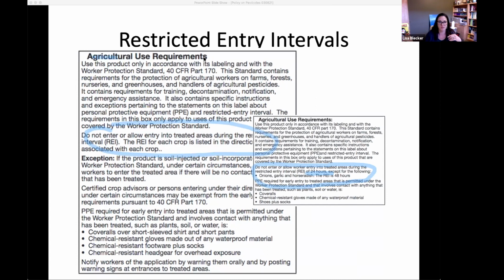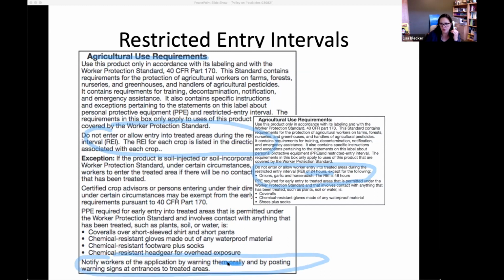So the first stop is ag use requirements to figure out if the REI is there or if you need to go somewhere else. And then the ag use requirements box is going to tell you if posting is required by the label. Posting is a sign that says do not enter until the REI is over, right? This particular pesticide says notify workers of the application by warning them orally.